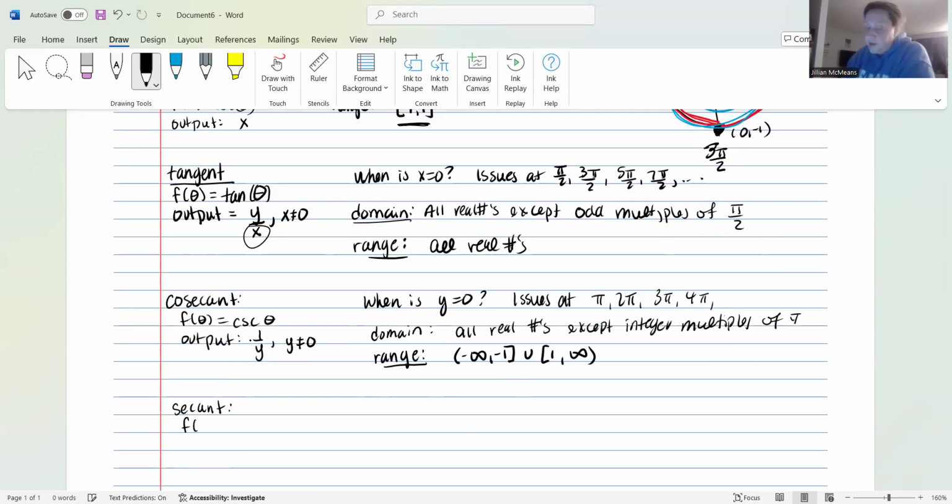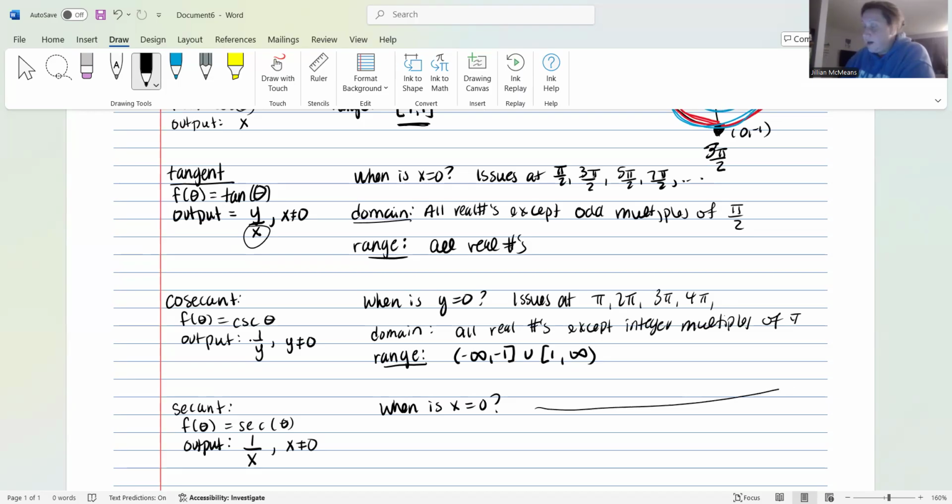So secant we can write as a function as f of theta equals secant of theta. We know the input is theta. The output is a very specific ratio. And because secant is the reciprocal of cosine, it's going to be 1 over cosine, which is x. So 1 over x as long as x is not equal to 0. Okay? So we have to ask ourselves again, when is x 0? Well, we already know this, okay?